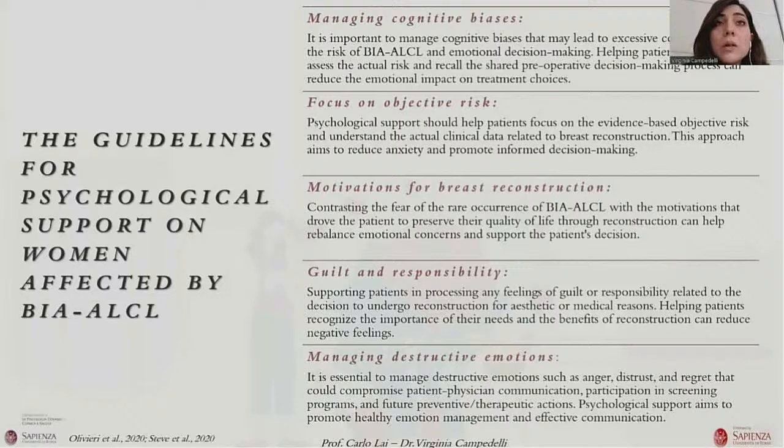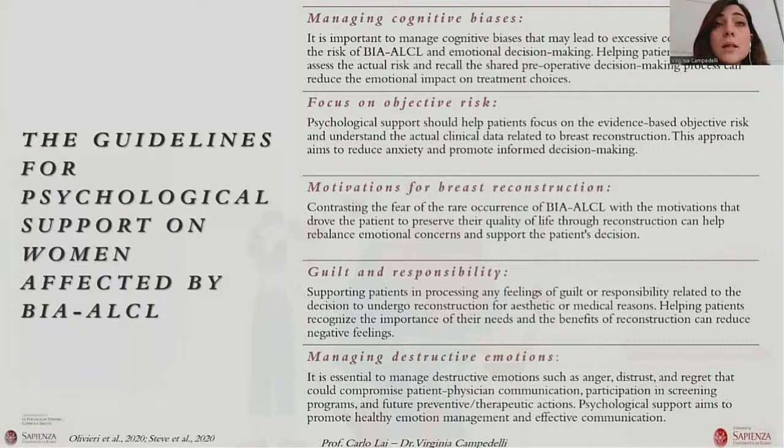For example, to manage cognitive biases, it's crucial to address anything that may make women overly concerned about the risk of this lymphoma and emotionally influence decisions. Helping patients assess the real risk and reviewing decisions together before surgery can reduce emotions that influence treatment choices.